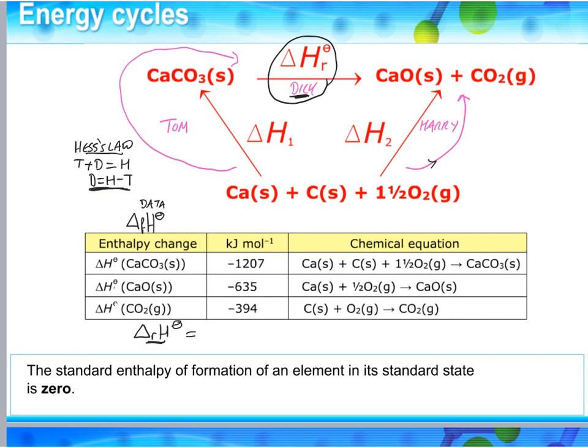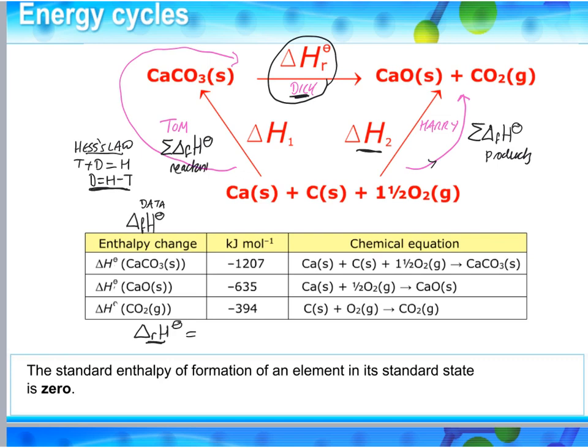Harry just happens to be the sum of the enthalpy change of formation, this time of the products. And Tom just happens to be the sum of the enthalpy of formation for the reactants.